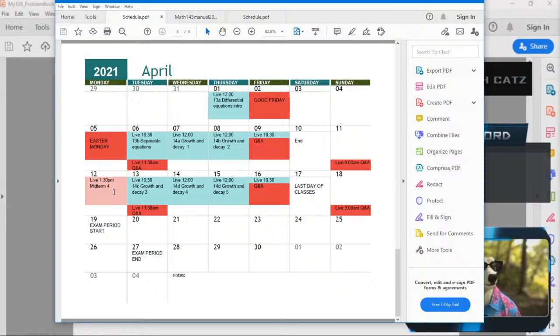And then after the midterm, we will do a few more, which may be included in the final exam. I believe our final exam is on the 24th, but double check on your end as well. I'm just going on memory now.